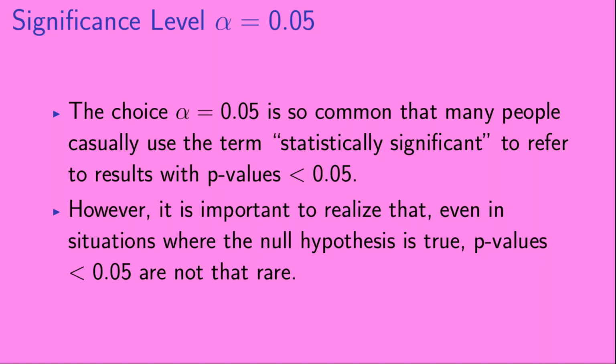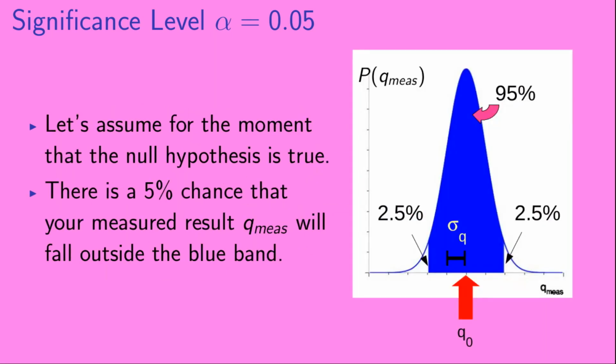However, it is important to realize that even in situations where the null hypothesis is true, p-values less than 0.05 are not that rare. Let's assume for the moment that the null hypothesis is true. There is a 5% chance that your measured result Q measured will fall outside of the blue band.